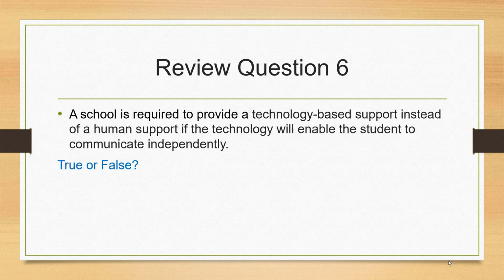Review question 6. A school is required to provide a technology-based support instead of a human support if the technology will enable the student to communicate independently. True or false? This is true under Title II of the Americans with Disabilities Act.